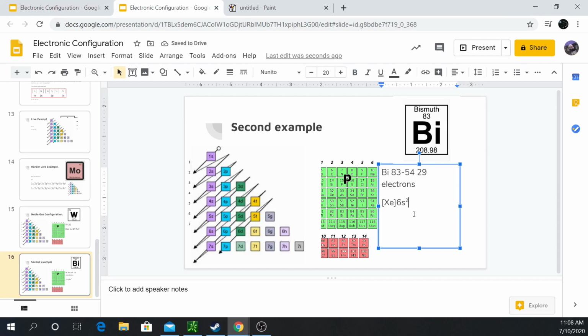This will then be followed by 4F. That can hold 14. Okay, we're looking for 29. We've only used 16 so far. Then it'll be 5D.